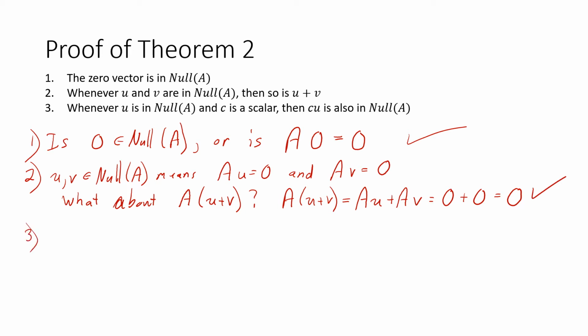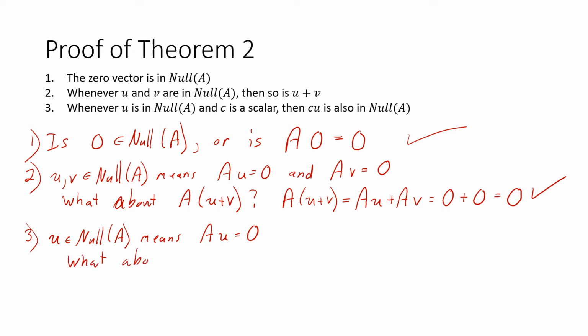What about the third condition? Well, U is in the null space of A. That means that A times U is equal to 0. So now we have to show that since U is there, is C times U in there?